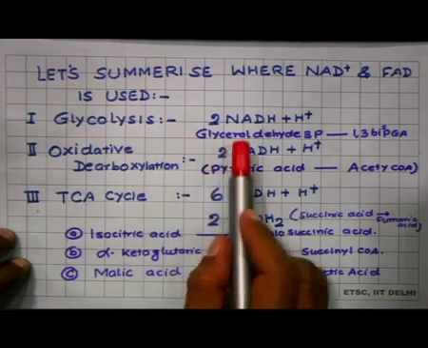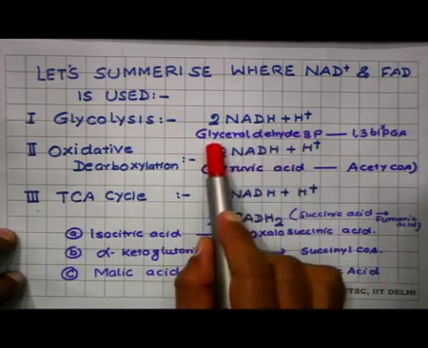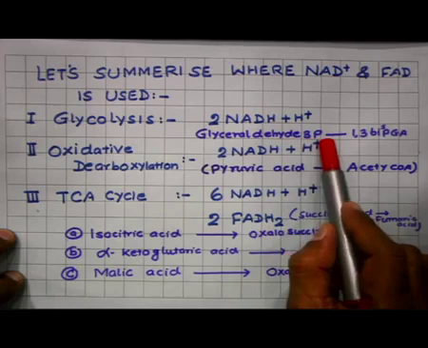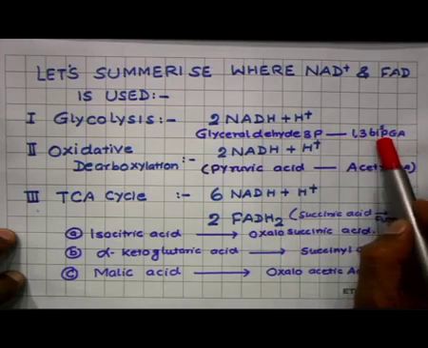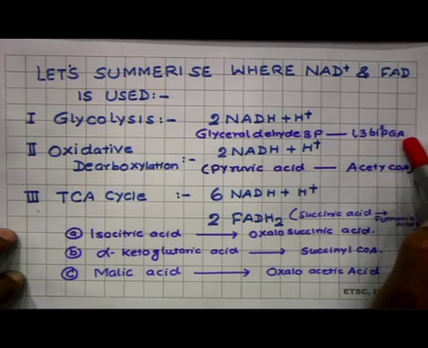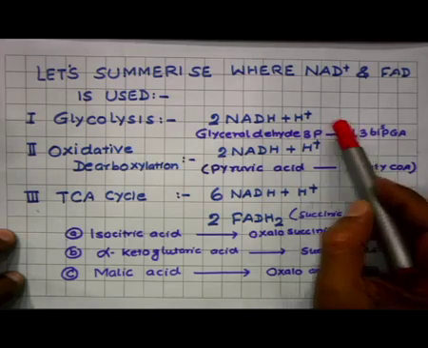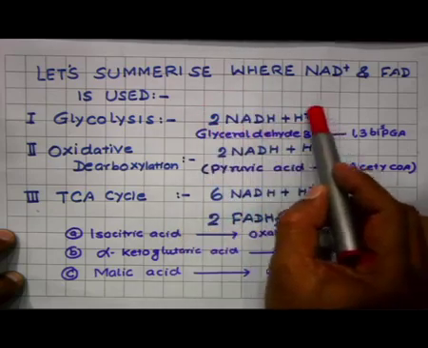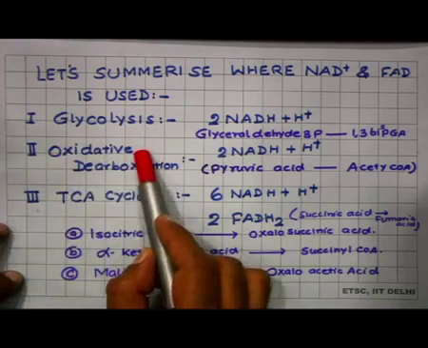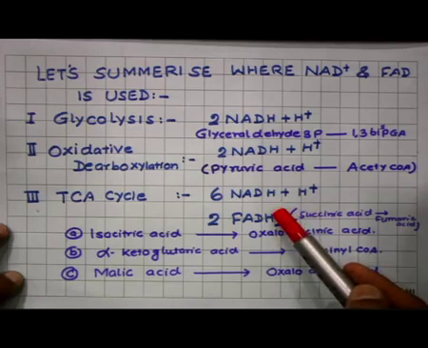In glycolysis, 2 NADH and H plus are formed, when glyceraldehyde 3 phosphate forms 1,3 bisphosphoglyceric acid. In this step 2 hydrogens are released, and these hydrogens are accepted by NAD plus to form NADH plus H plus.